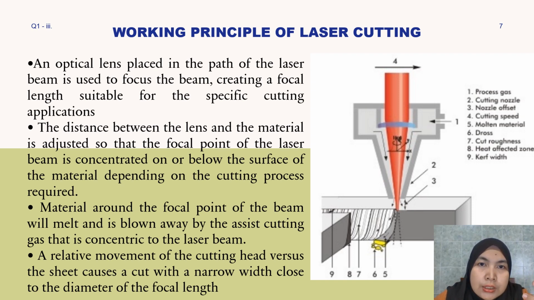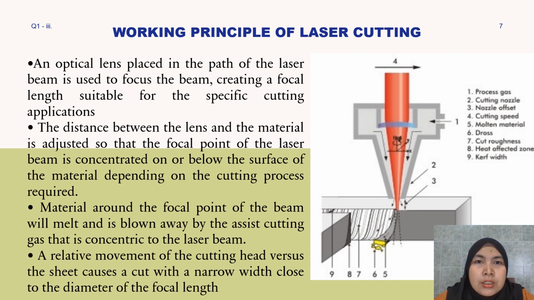The material at the focal point of the laser beam undergoes localized melting and vaporization. The intense heat causes the material to transition from a solid to a liquid, and in some cases directly to a gaseous state. So there goes the objective of laser cutting, material removal.